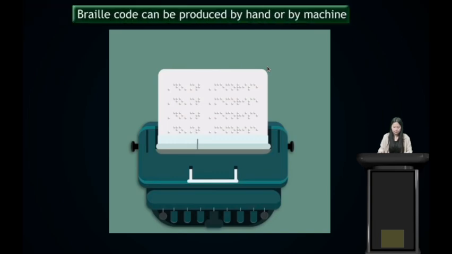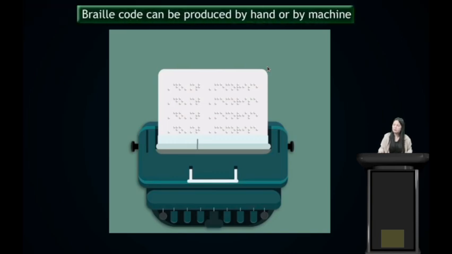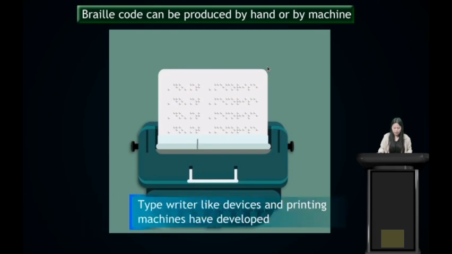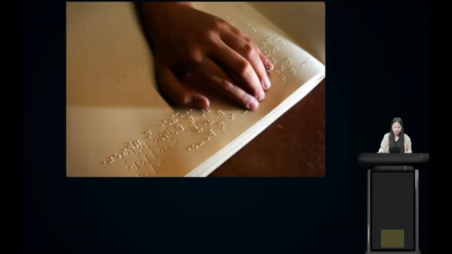This Braille code can be produced by hand or by machine. Typewriter-like devices and printing machines have been developed. Here we see a person using the Braille system to learn how to read and write.